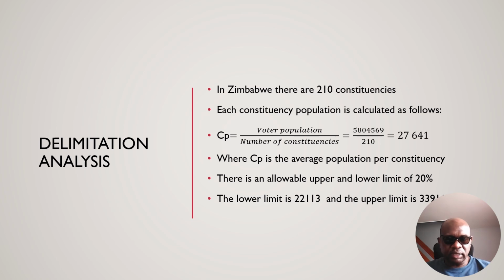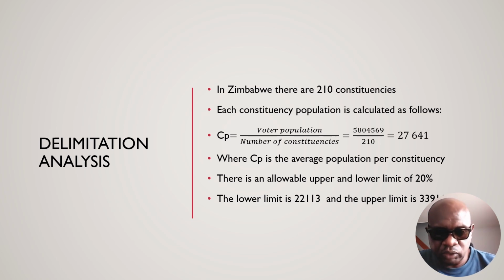Where CPA is the average population per constituency, there's also an allowable upper limit and lower limit of 20%. So in this case, the lower limit is 22,113 and the upper limit is 33,916. What does that mean?